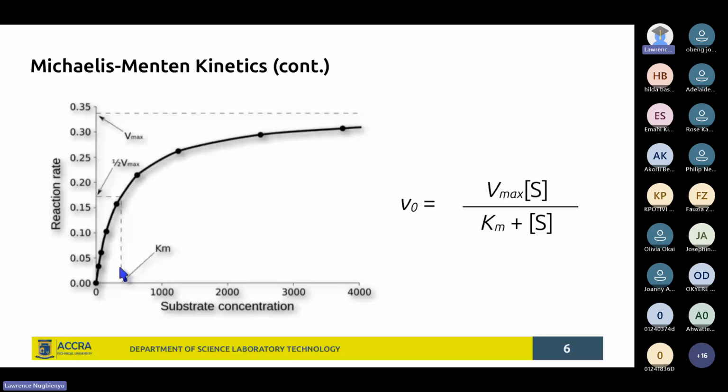If you see that this is the maximum rate of reaction, shown up there with the dashed lines, then half of it, and the corresponding substrate concentration on that curve, is what becomes the Michaelis-Menten constant, Km. So these are the major things that you should remember.